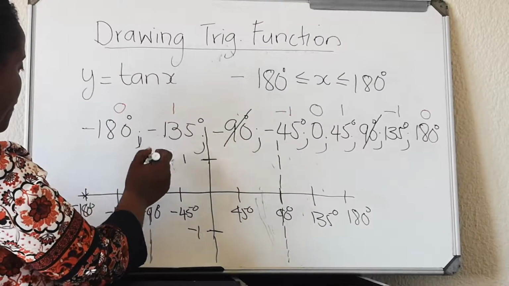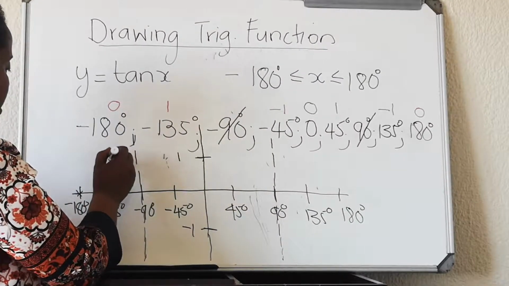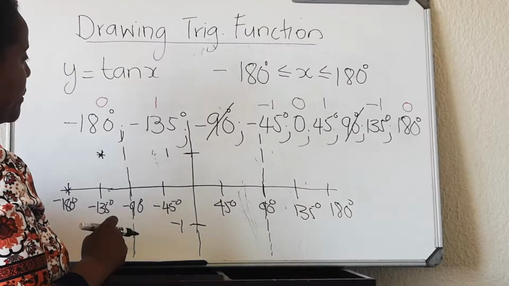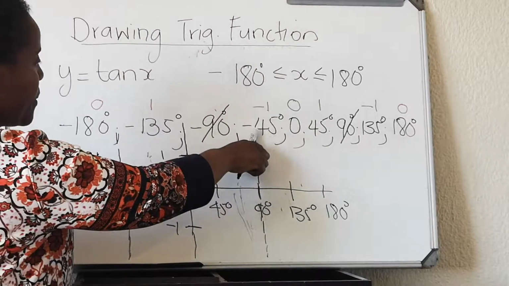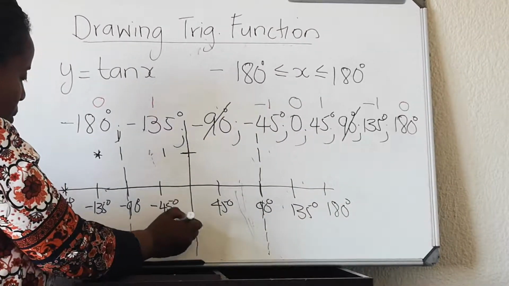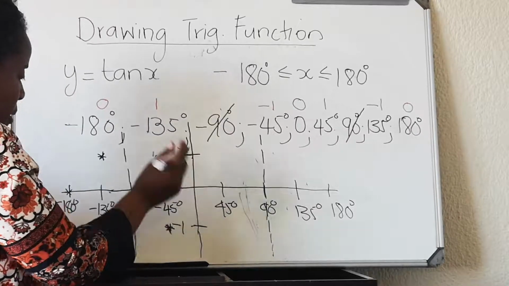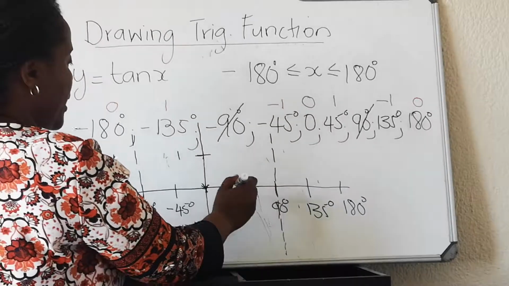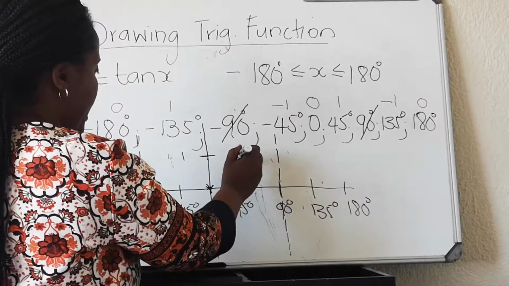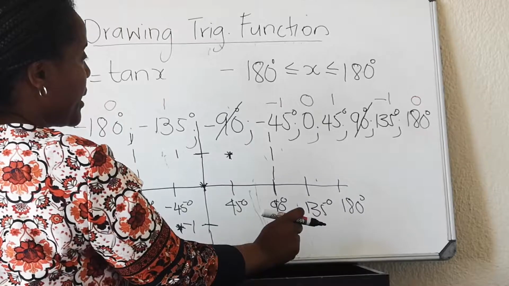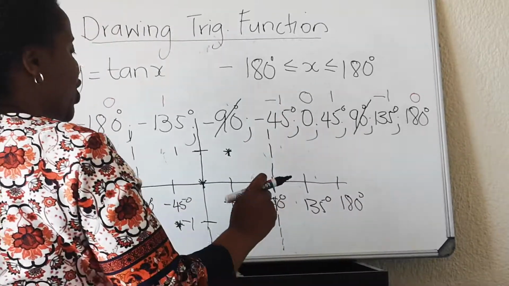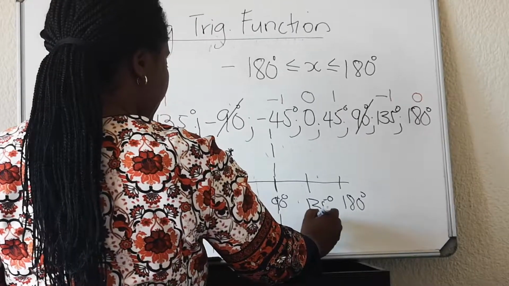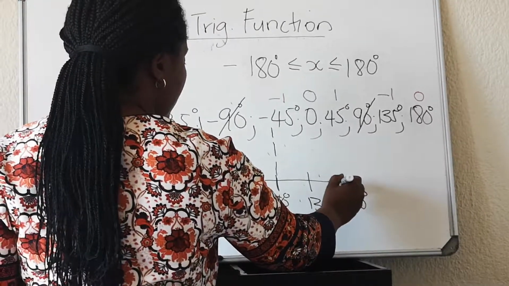Then the next value is minus 45 and minus 1. Then 0 and 0 on the origin, and then 45 and 1 there, and then I have my asymptote, no touch. Then 135 and minus 1, and then 180 and 0.